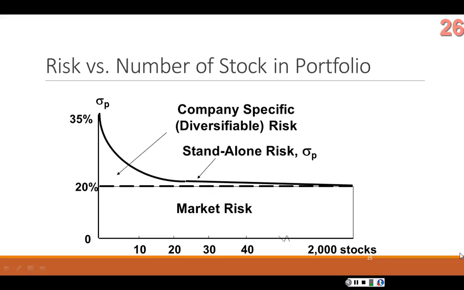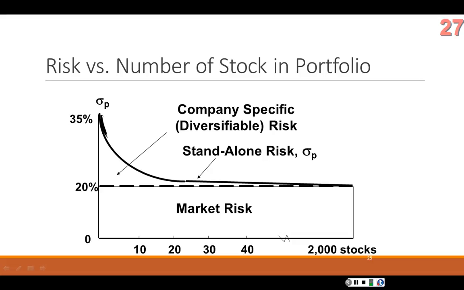So this picture here, this graph, shows the portfolio standard deviation and how that changes with the addition of new stocks to the portfolio. You see that the slope of this line is greatest up here at the top. So we have the greatest risk reduction simply by adding one stock to another.